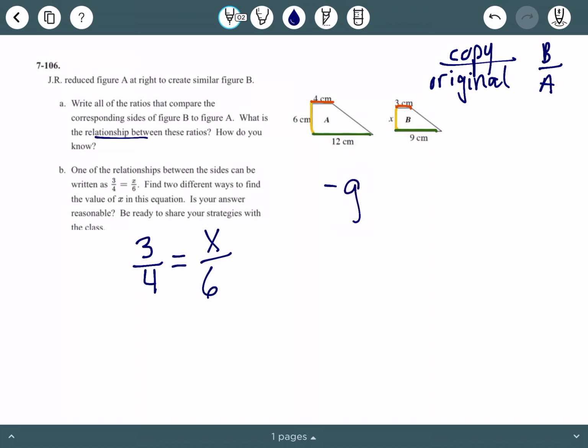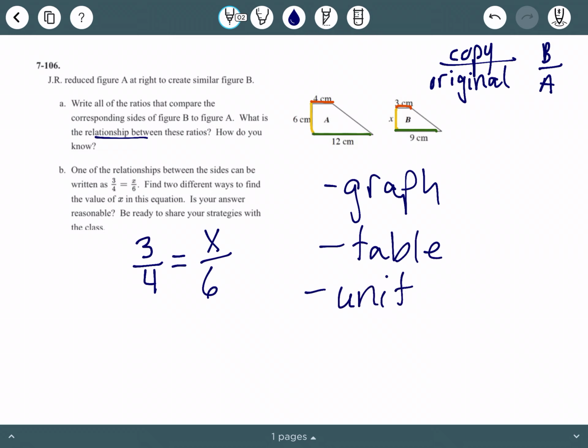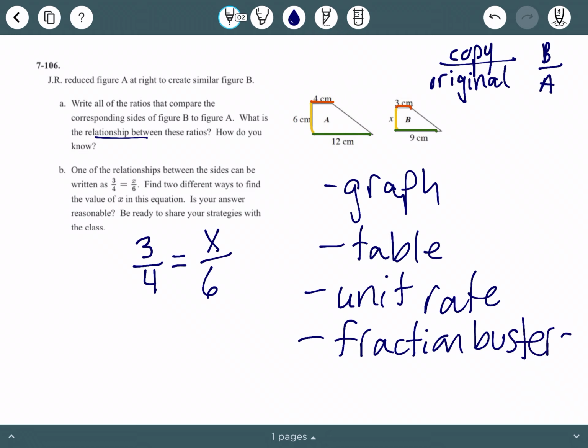There are a few different ways we could do this. We could make a graph. We could do a table. We could find the unit rate. We could do fraction busters. There are a lot of things we could do for this.